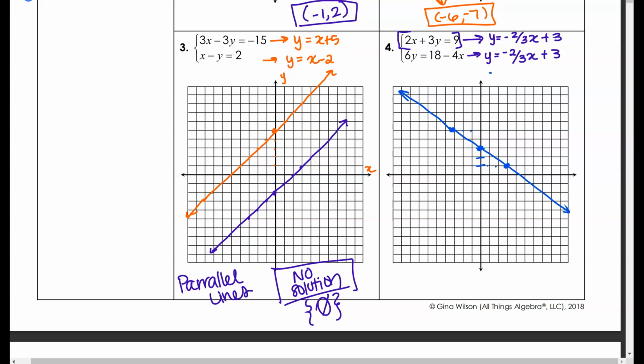So when I graph it, I'm just basically graphing right on top of it. So how many times do they intersect? Well, they intersect infinitely many times. So in this particular case, we would say there are infinite solutions. And this happens when we have the same line.